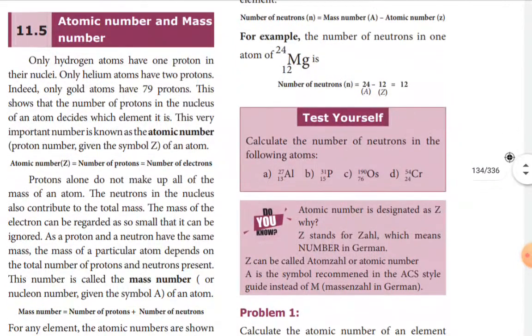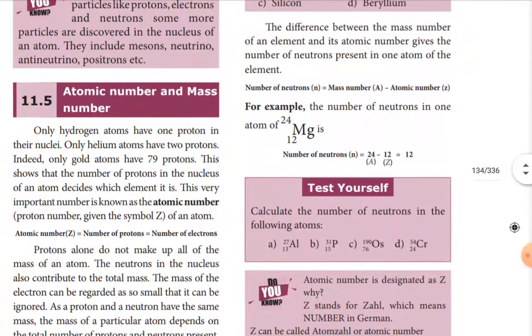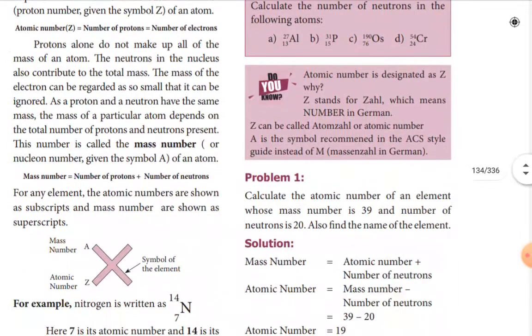Then we learned how to find the number of neutrons. The formula is N equals A minus Z, where N is the number of neutrons, A is the mass number, and Z is the atomic number. When we subtract the atomic number from the mass number, the total number of neutrons in the nucleus is obtained.